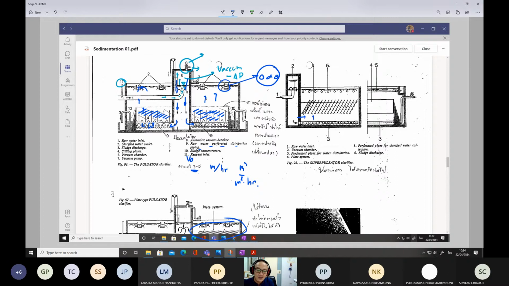Water just needs to go like this and overflow while moving up. So this water has to move through the space in between the plate before reaching the outlet pipe or the water collection pipes up there. So water has to move like this through the inclined plate.